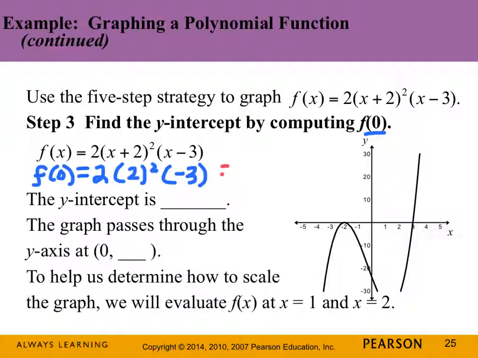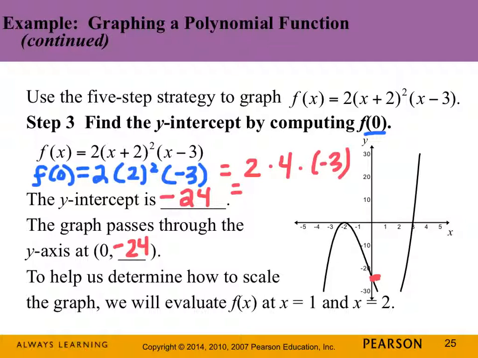So that's going to equal 2 times 4 times negative 3. Isn't that negative 24? I do believe. So the graph passes through the y-axis at 0, negative 24. And that's pictured right about there.